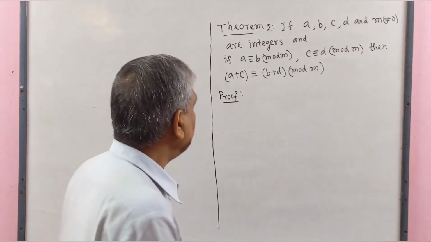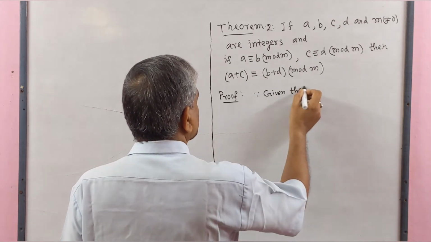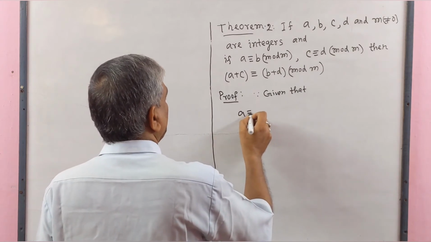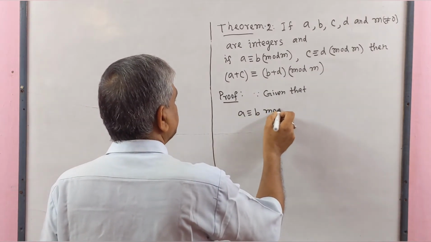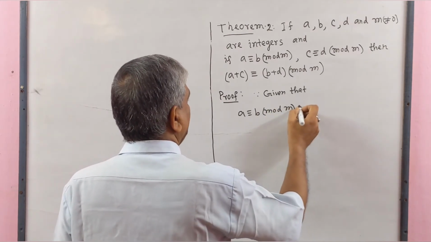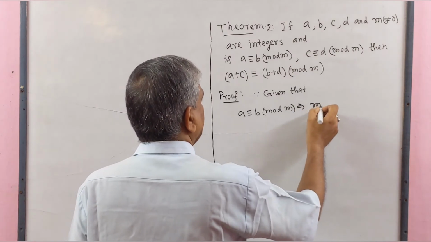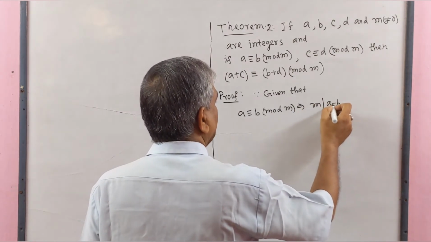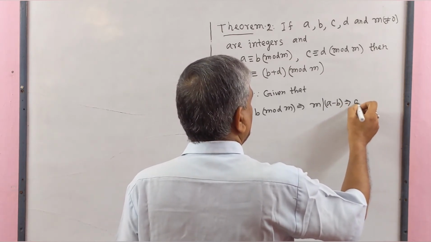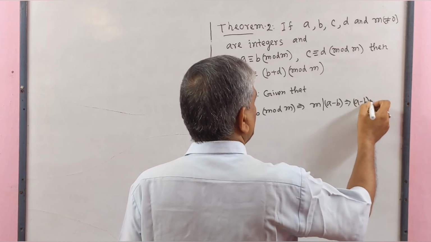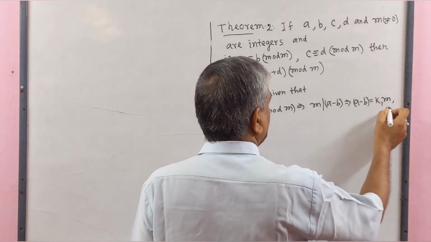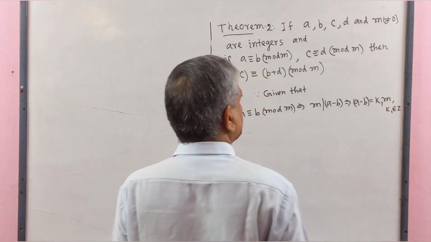Now we prove this. Given that a is congruent to b modulo m implies that m divides a minus b, which implies that a minus b equals an integer k1 multiplied by m, where k1 is an integer.